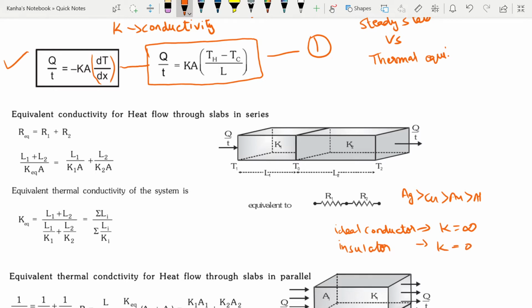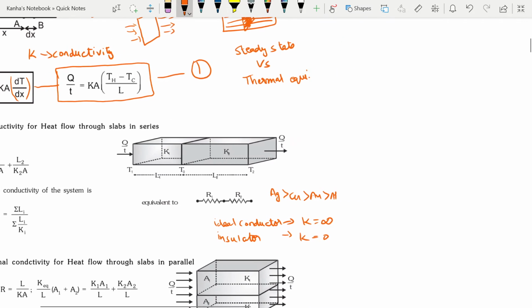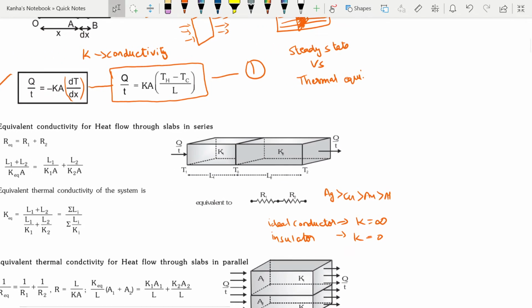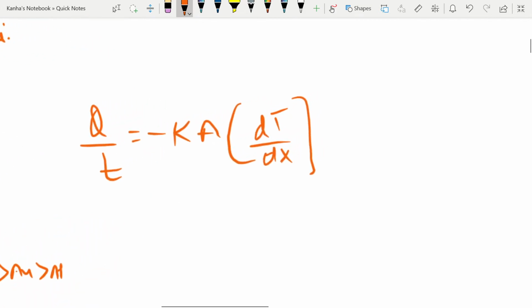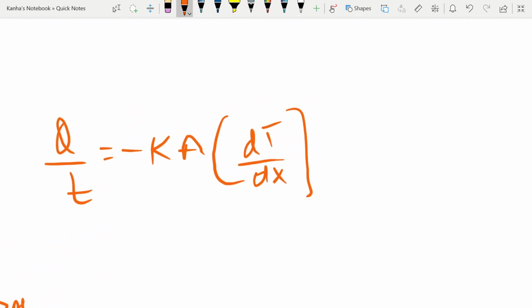Now before telling you about this, let's look at this equation once again. You have Q by t is equal to minus KA into dT by dx, the heat flow equation. But if you note this equation properly, you may find that this is similar to the flow of current in a current carrying conductor. How is that so?